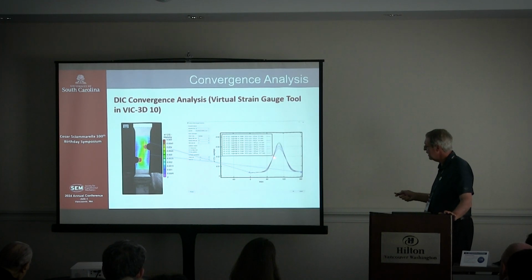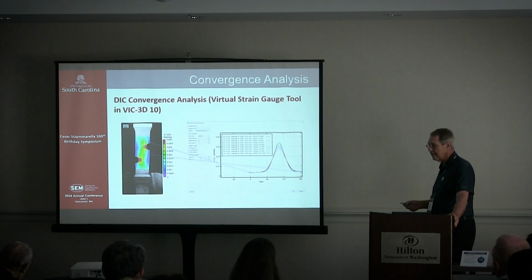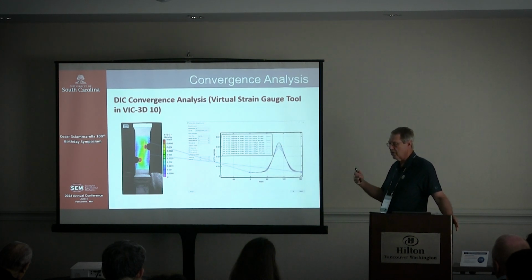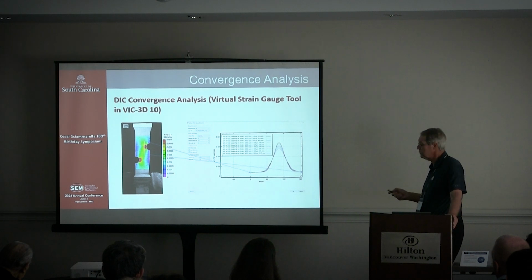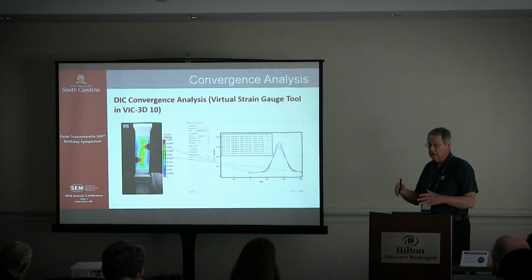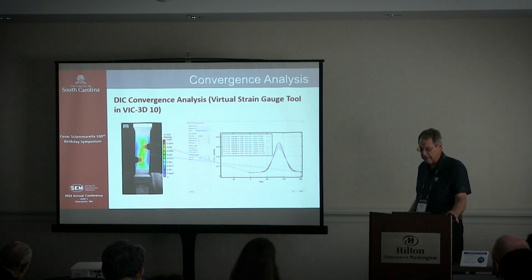That means the rise and drop-off as you move from the center of the specimen up toward the top. Obviously, we chose the one that gave us the best result as far as picking up the high strains that are there. In that case, it was the 45 by 45 subset, which is why we chose the strain filter the way we did.